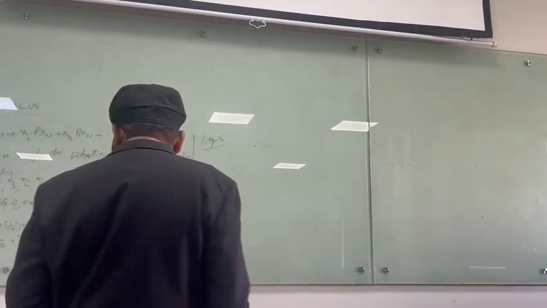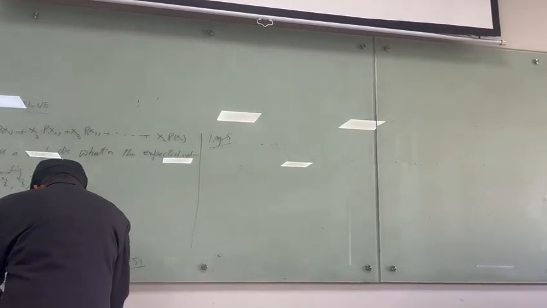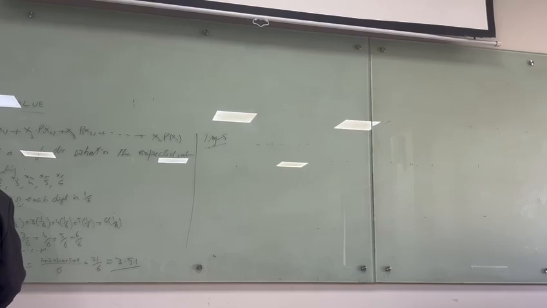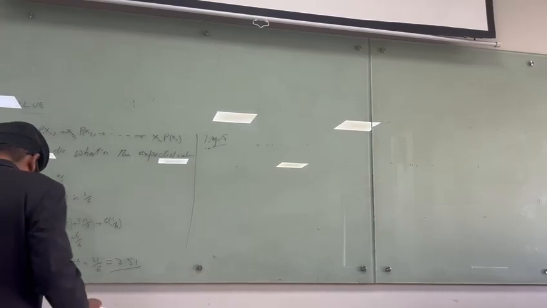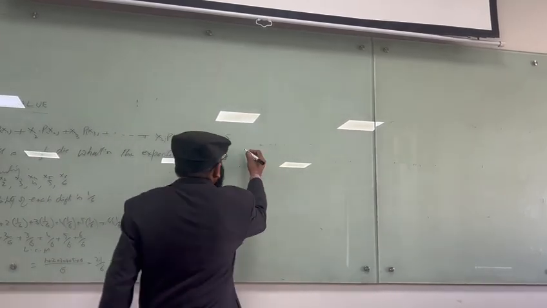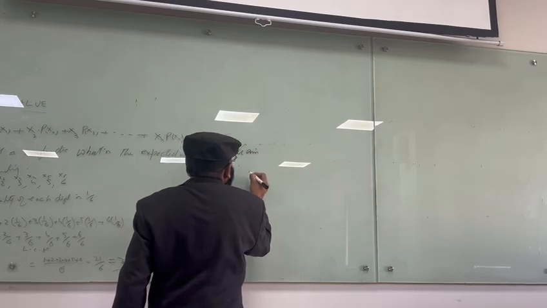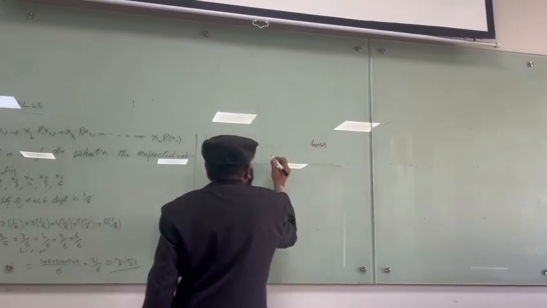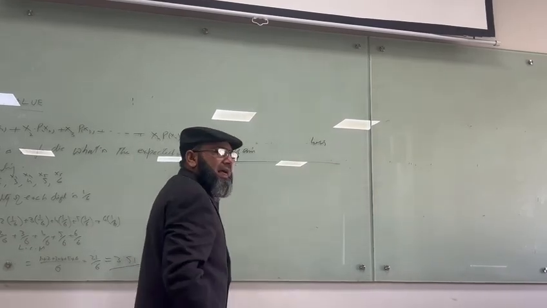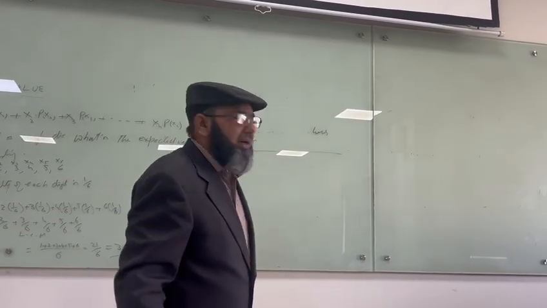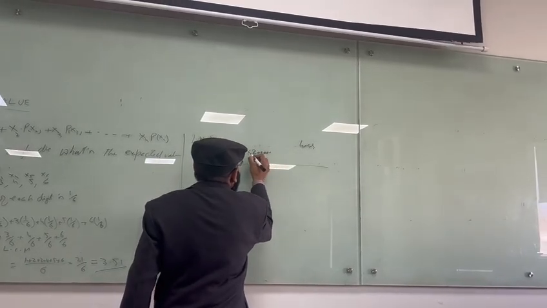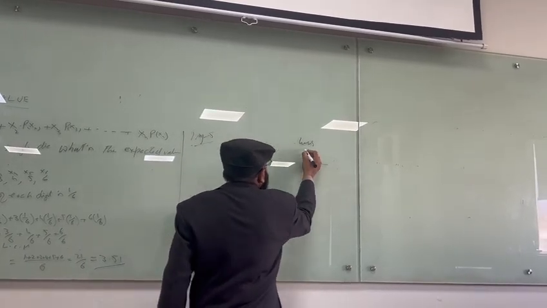Now how will we solve this? Let's see. You buy a ticket for $50. This is a problem of gain and loss. The gain is $2 lakh, and the loss is $50.